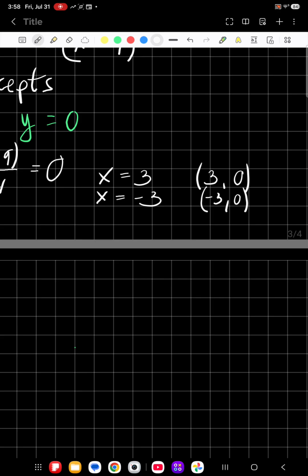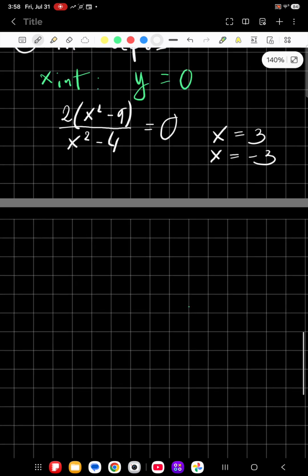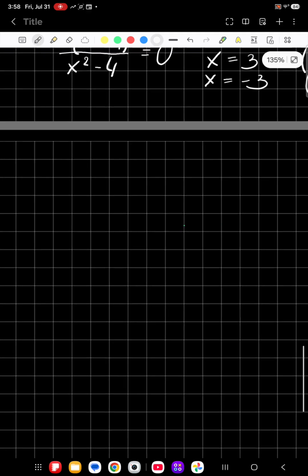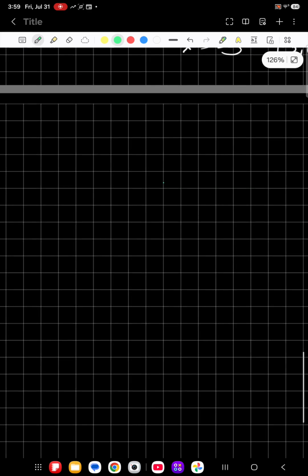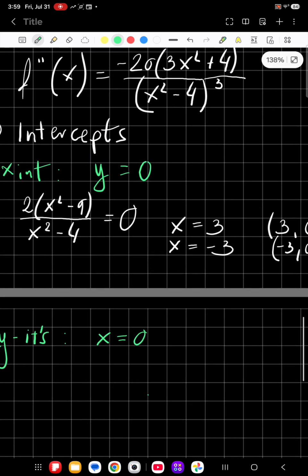So we have 2 x-intercepts, and now y-intercepts. For the y-intercept, x equals 0, so the only thing we need to do is plug in 0 for x.